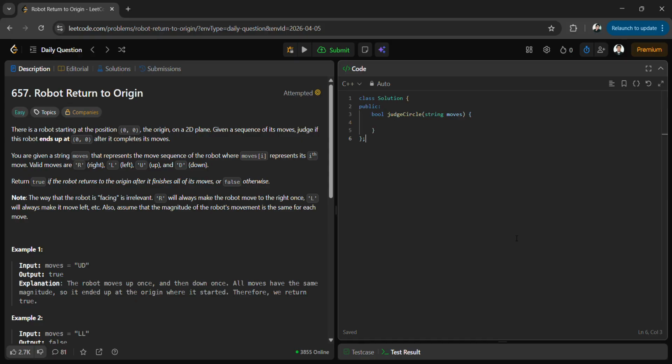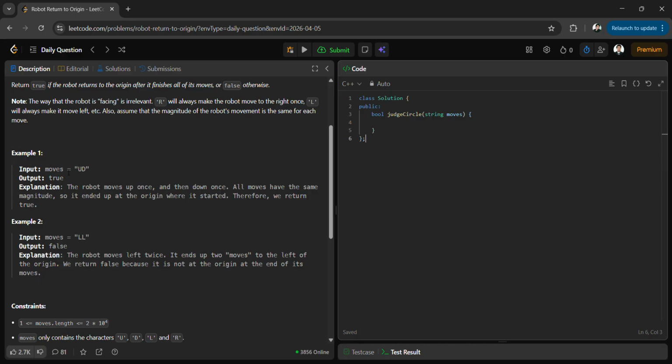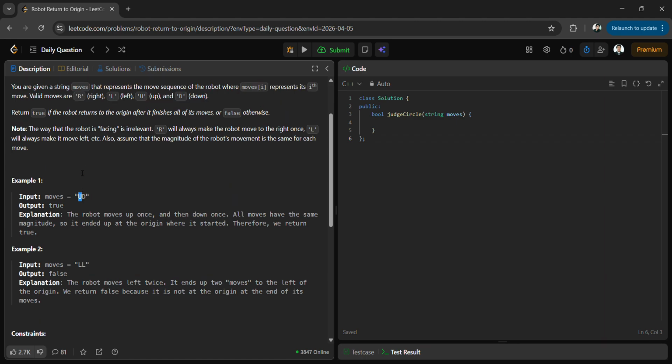Let me explain with example one. Here we have moves equal to UD, where U stands for up and D stands for down. We already know that our robot stands at the origin, that is 0 0. U is a character inside that string, and it moves the robot in the up direction, towards the y coordinate by 1.